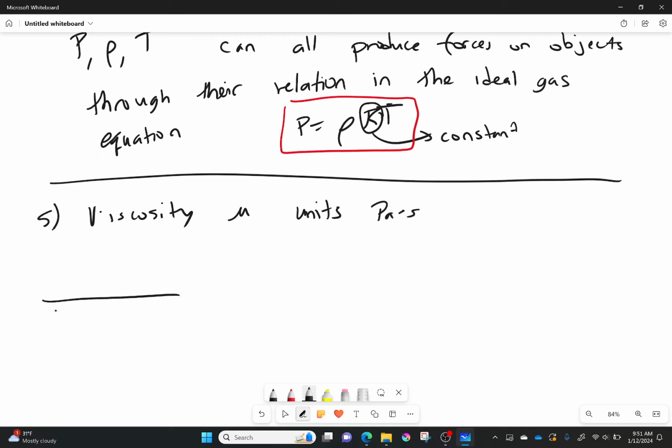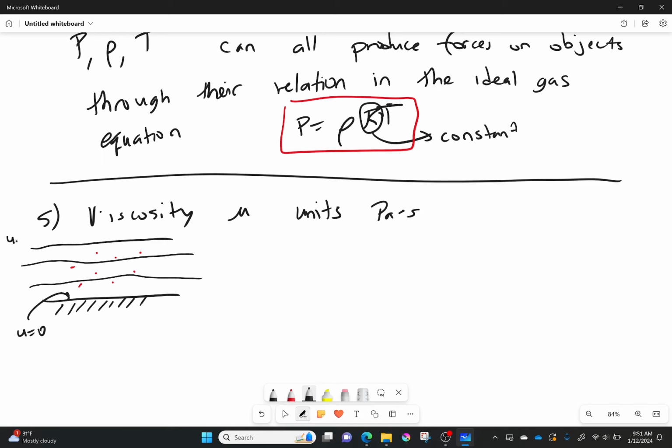Now, how it works is the following. I have some surface, and at that surface the velocity is equal to 0 because the surface is not moving. It can be moving, and then we change how we're doing this. Above that surface I have various little molecules moving around. When those molecules move, they go from one streamline to another.